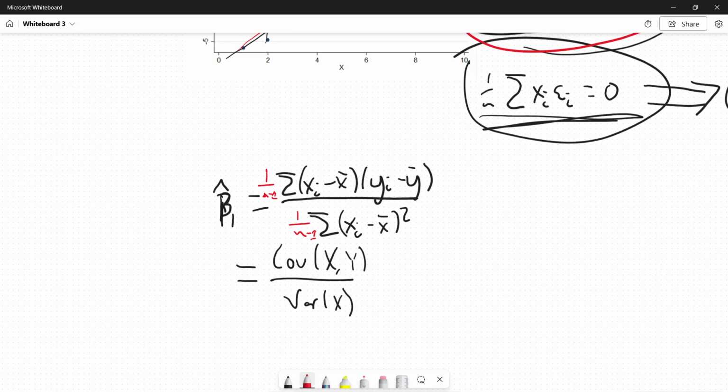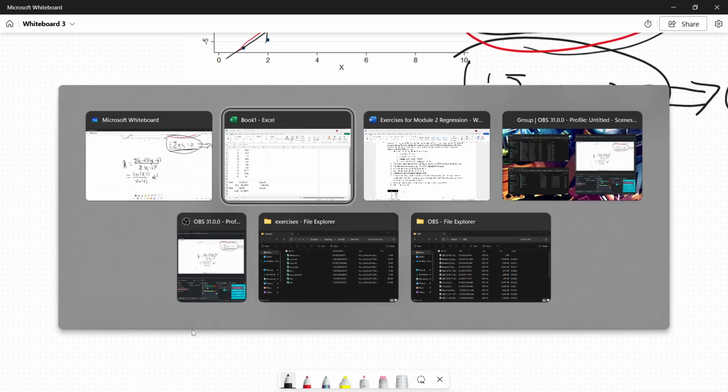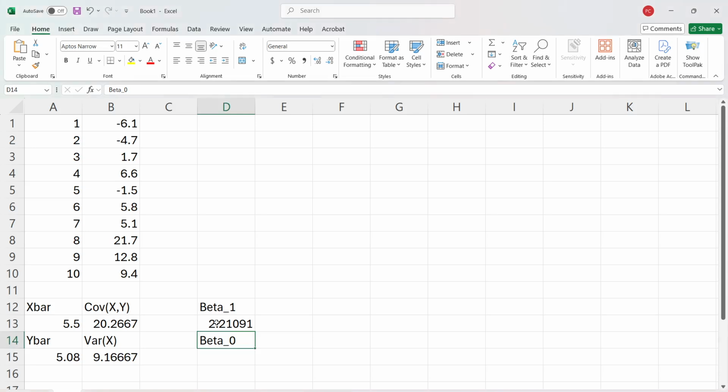It wouldn't matter which of those I put, because it's going to cancel out if I put it in the denominator and in the numerator. I can clean up that sigma too. All right, a little bit more like a sigma. So that formula will work regardless of whether you divide by n or n minus 1, and it will preserve the units. So it may, in fact, be more useful than the covariance and the variance on their own.